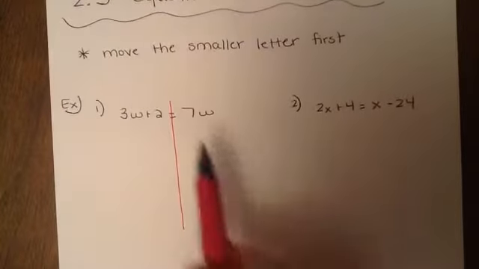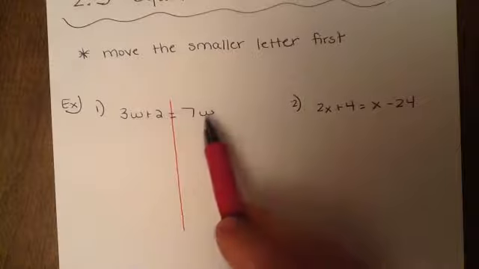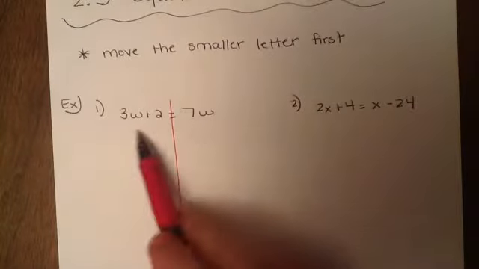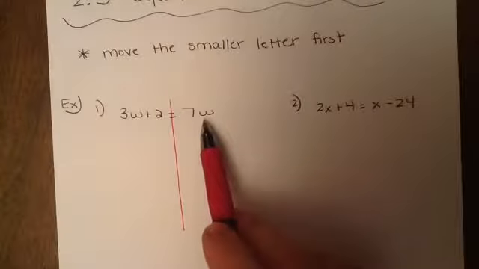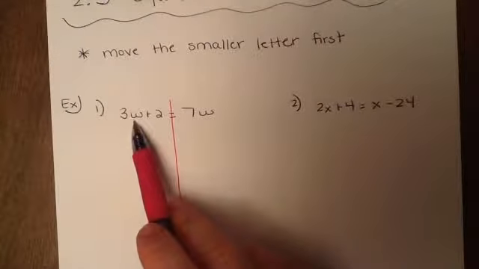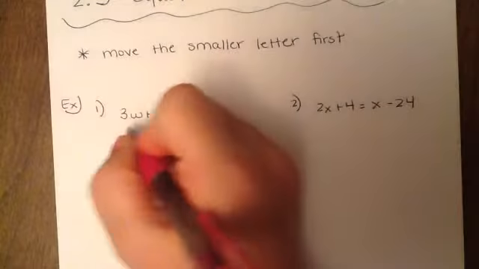So when I find the smaller letter, I have 3W on one side and 7W on the other. It really doesn't matter which one you move, but it's easier if you move the smaller one. So if I want to get rid of a 3W, how do I get rid of a 3W?